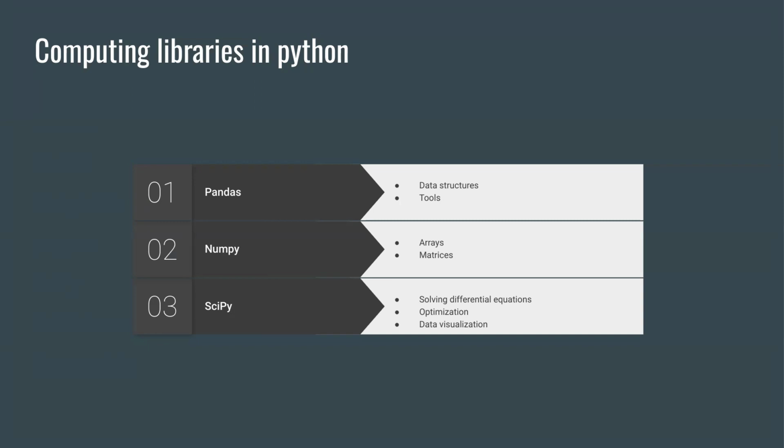And the third one is SciPy. SciPy includes functions for some advanced math problems as well as a little bit of visualization. For example, if you're interested in solving differential equations or doing optimization, you would look into methods and functions in SciPy.